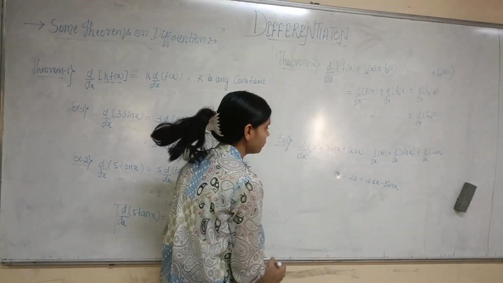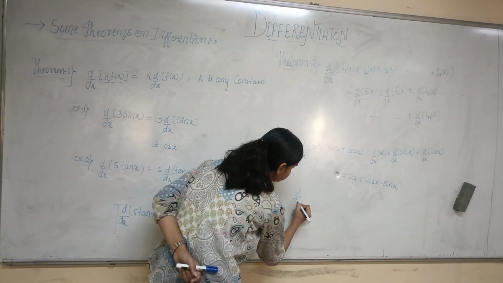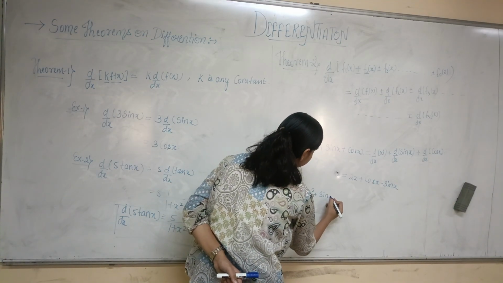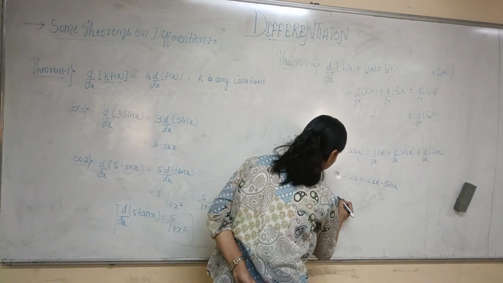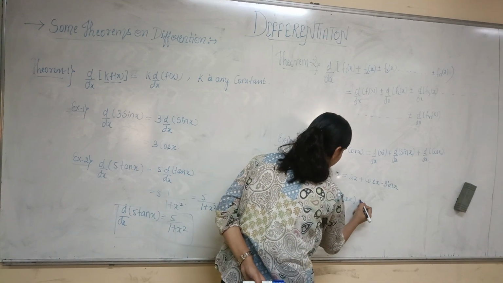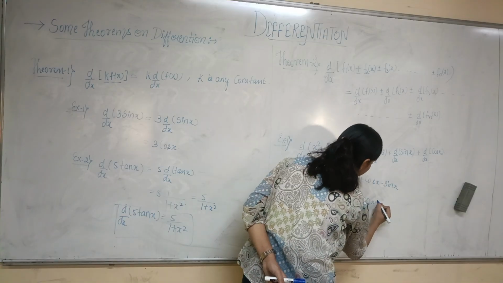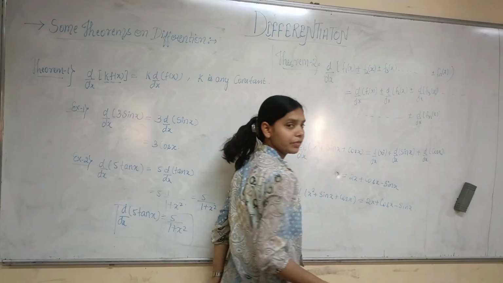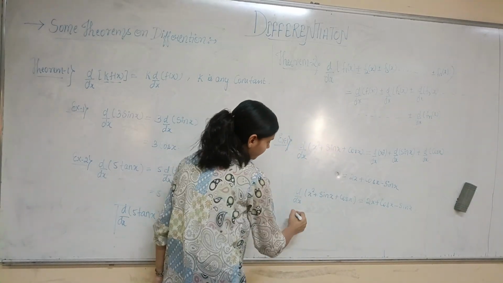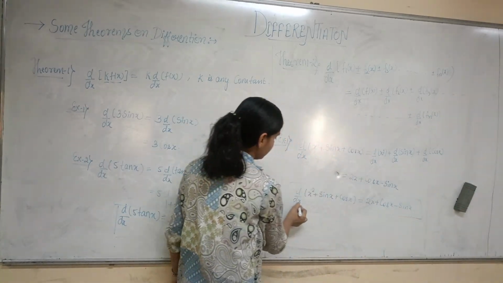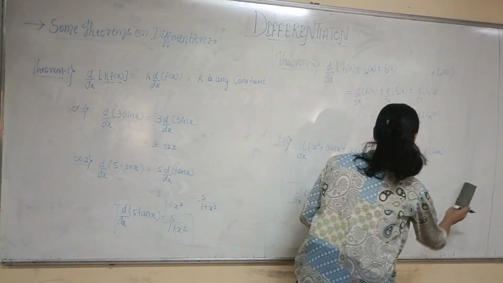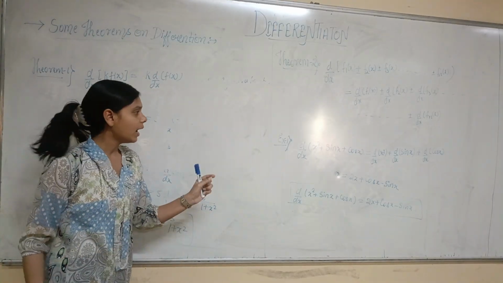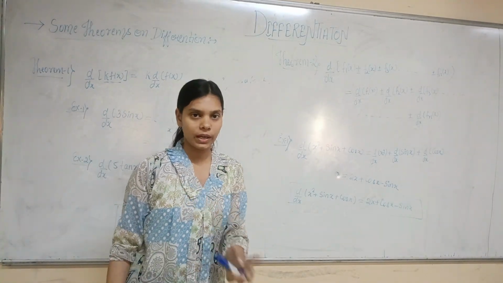So this is the answer to your question: d by dx of x square plus sin x plus cos x is equal to 2x plus cos x minus sin x. This is a very basic question, okay? Now let us take another example. On each theorem, I give you 2 examples, okay?